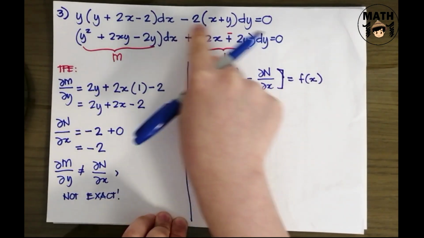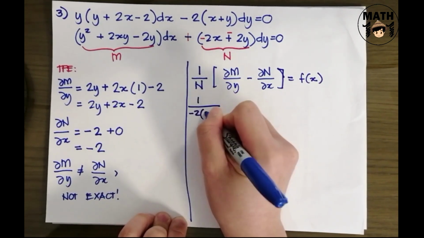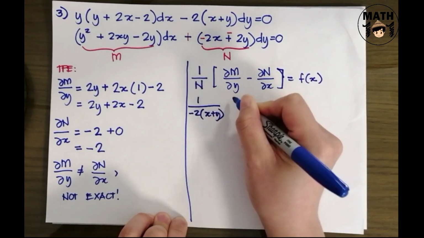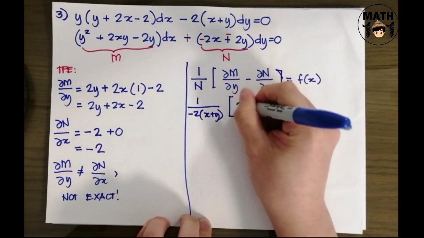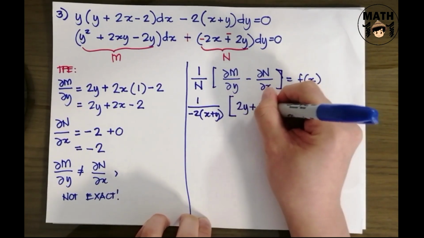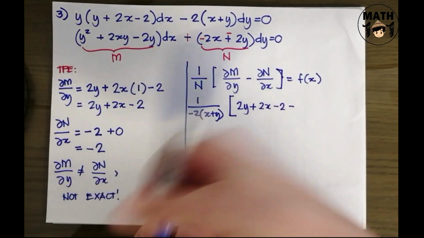Gamitin na natin to as N. 1 over negative 2 quantity x plus y multiplied by partial of M with respect to y, 2y plus 2x minus 2 minus negative 2.